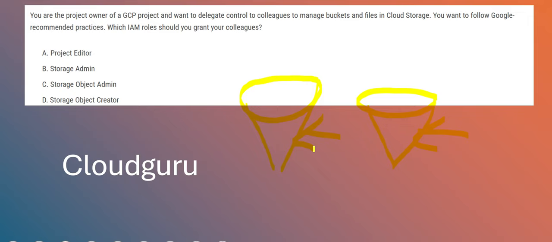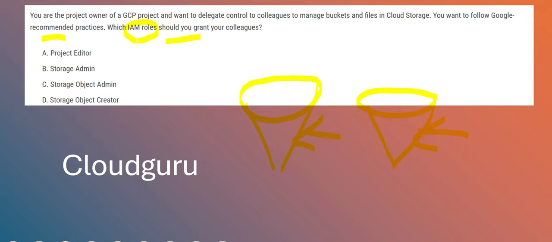Suppose you are the team lead. A couple of team members you want to give this control, and you should follow best practices from Google. So the question is which IAM roles you should grant to your colleagues.